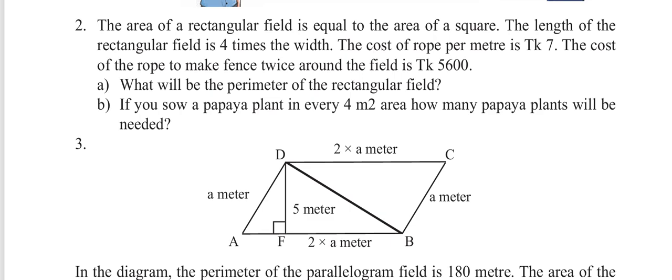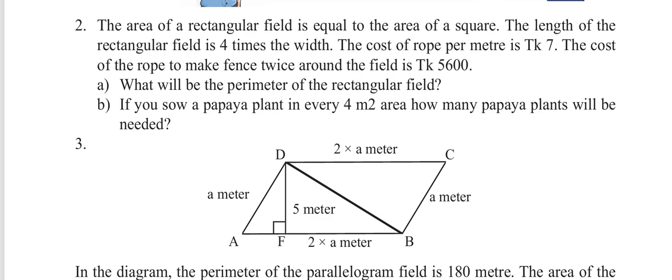In case of determining the perimeter of the rectangular field, we have to pay attention to the word twice. If the word twice was replaced by once, then what will happen?